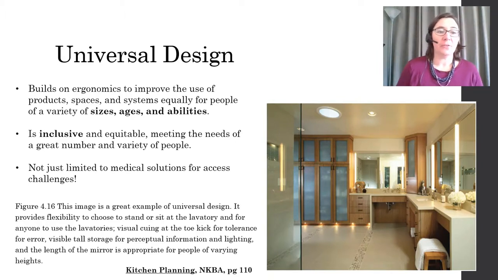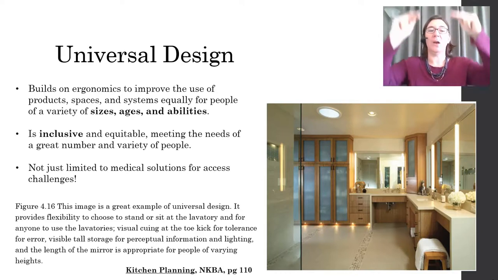So here we have an illustration of a bathroom using universal design principles. There is flexibility to sit or stand at the lav area. All right, you've got some knee space. And there is visual cueing at the toe kick. Take a look right here. All right, that is part of the tolerance for error, part of universal design.